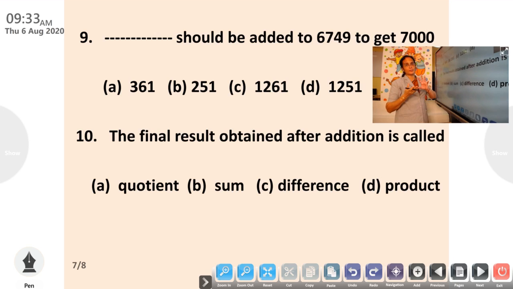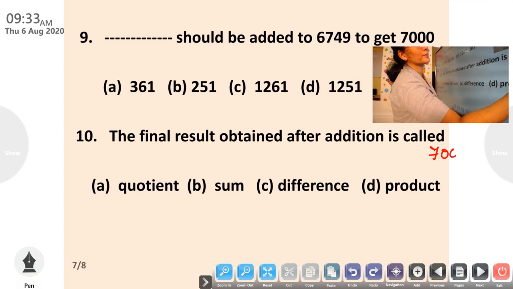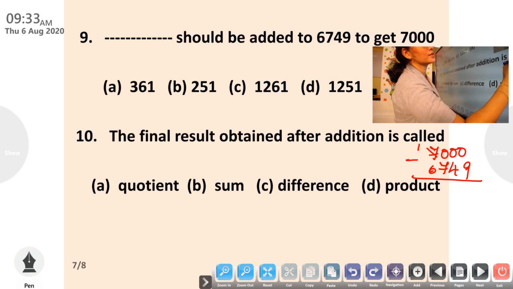You have to find the other number that is to be added to 6,749 to get 7,000. So how will you do that? It is sum minus the given number. So the sum is 7,000 minus the given number 6,749. On subtraction, you will get here 6.